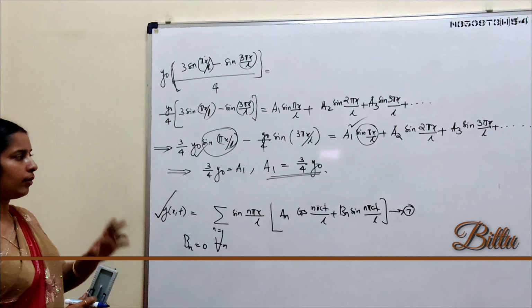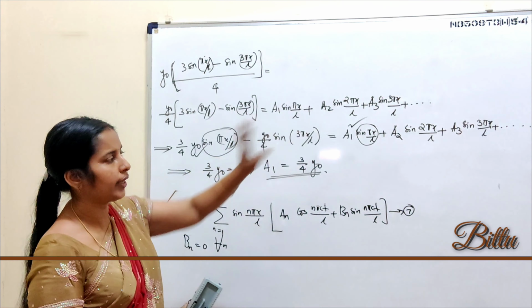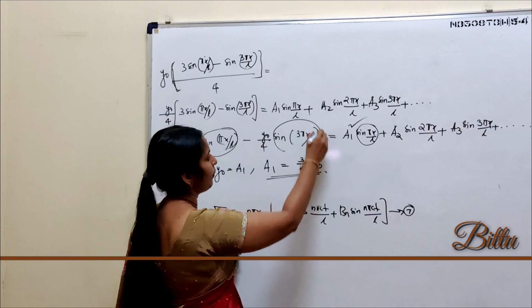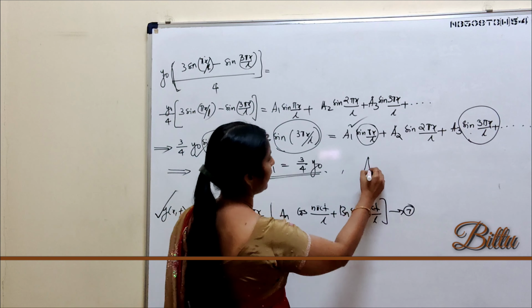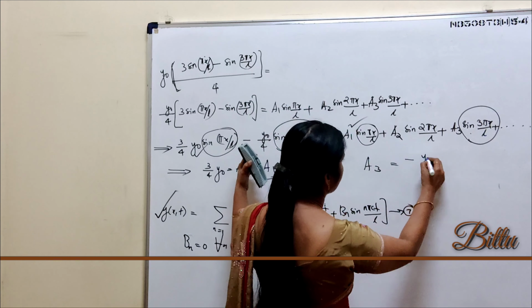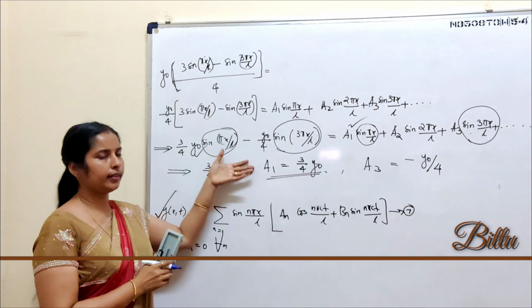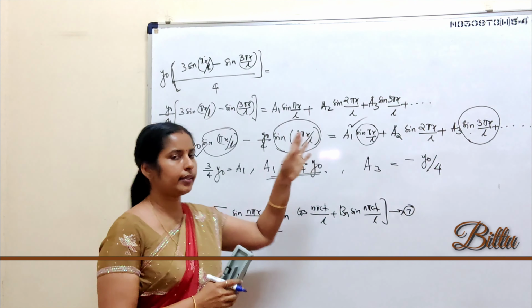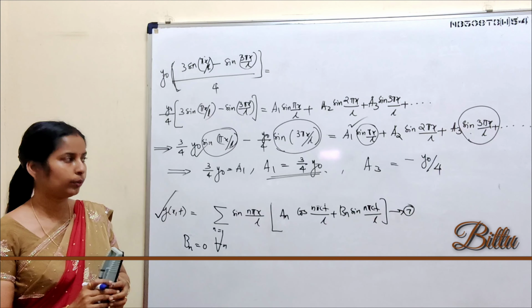See, in the left side there are only two terms. Next you equate this term to the corresponding term in the right side. Here it is sin 3 pi x by L. So we have a3 is equal to its coefficient, that is minus y0 by 4. In this equation, the left side contains only two terms and the right side contains infinitely many terms. That means all the other coefficients are zeros.